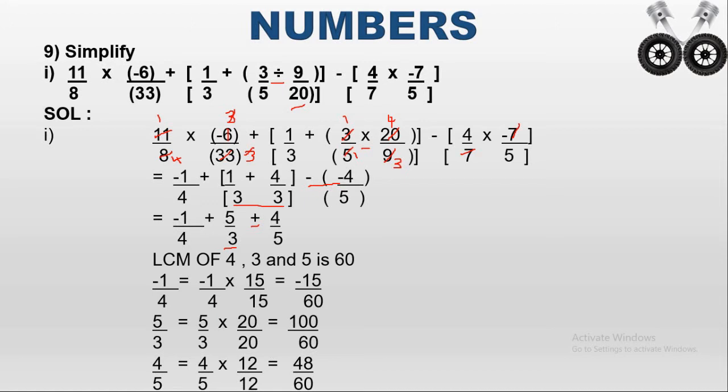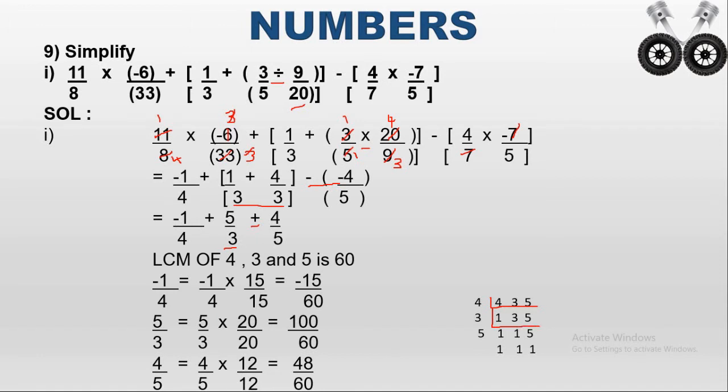So the LCM for 4, 3 and 5 is, so first we have to find the common factor for 4, 3 and 5. There is no common factor for 4, 3 and 5. So I took the first factor as here 4. So 1 4s are 4. Then we have to write the remaining factors as it is, 3 and 5. Again we have to find the common factor for 3 and 5.